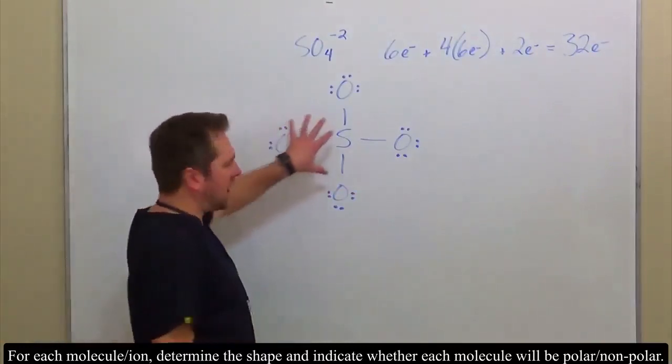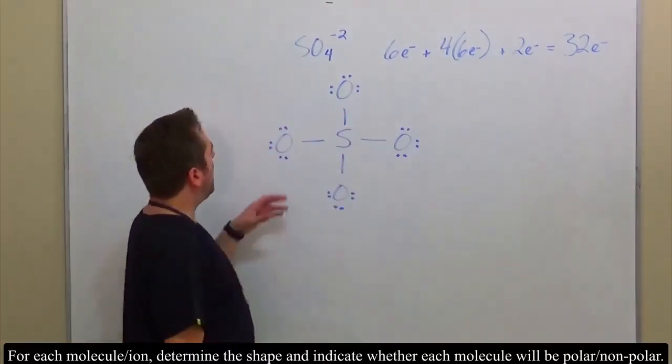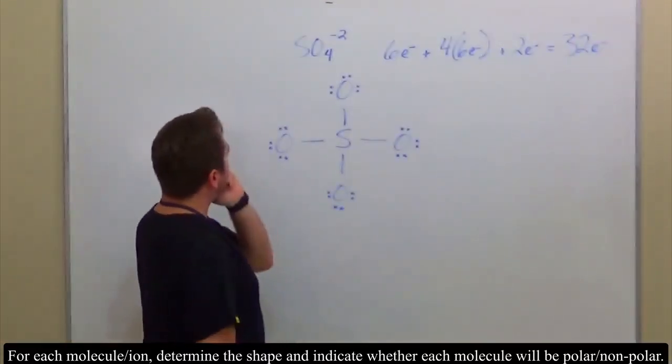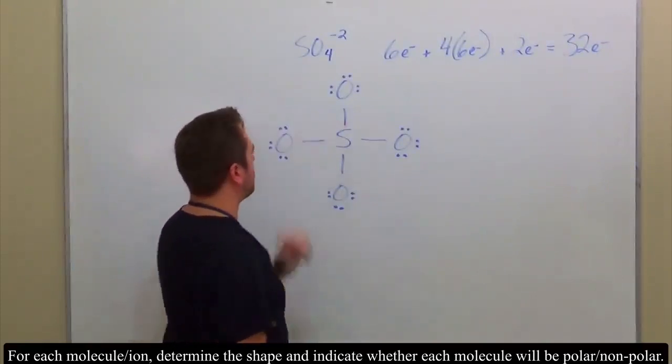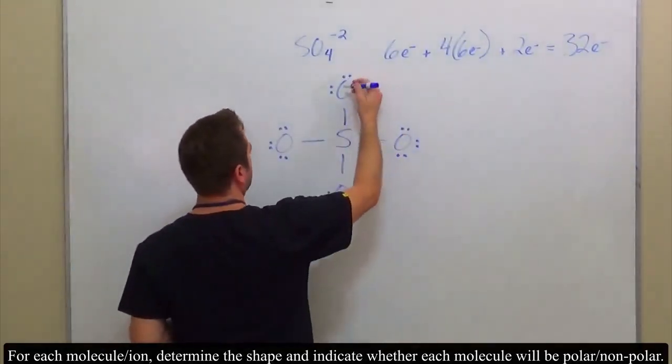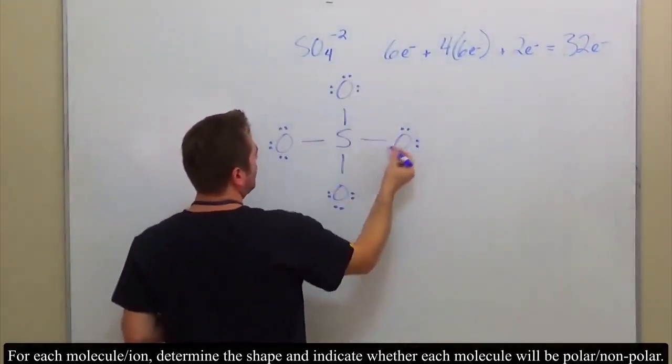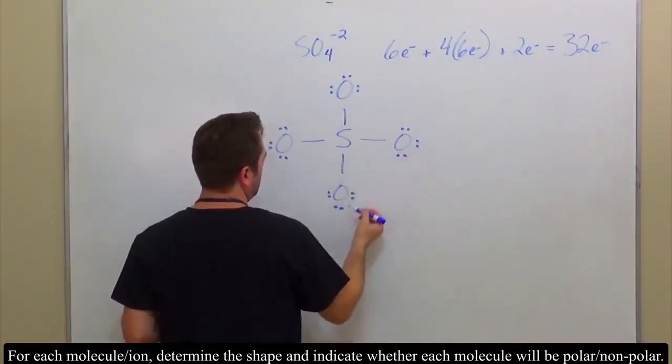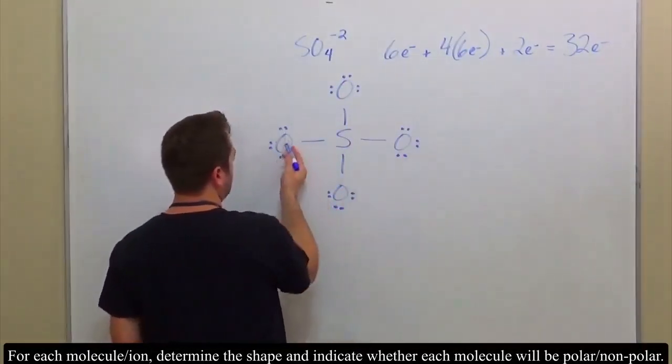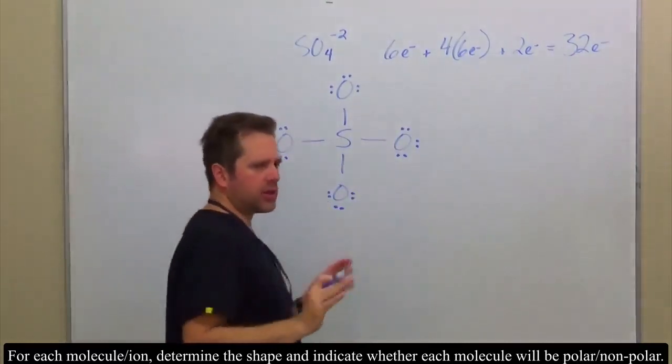Okay, and even sulfur's octet is satisfied. Well, all right. Here's the thing we have to remember. Well, actually, number 1, let's check our 32 electrons. So 2, 4, 6, 8, 10, 12, 14, 16, 18, 20, 22, 24, 26, 28, 30, 32. All the electrons are accounted for.